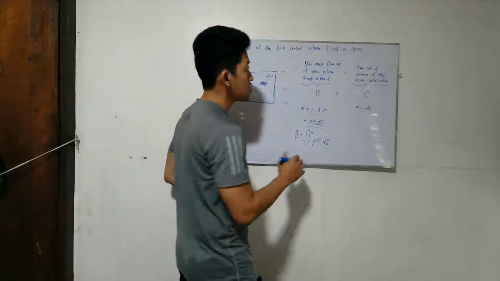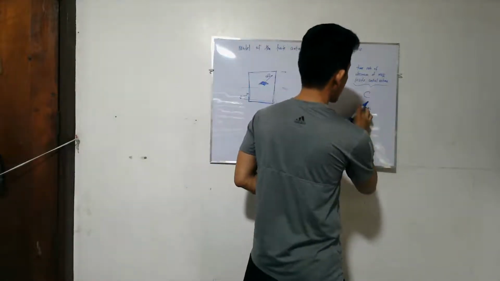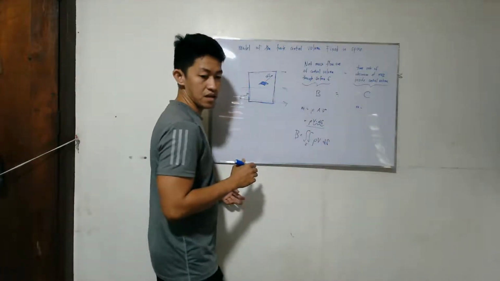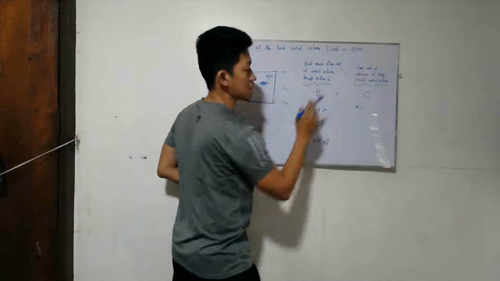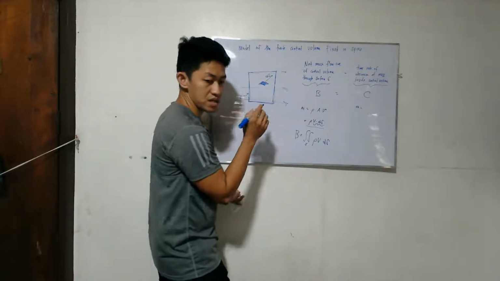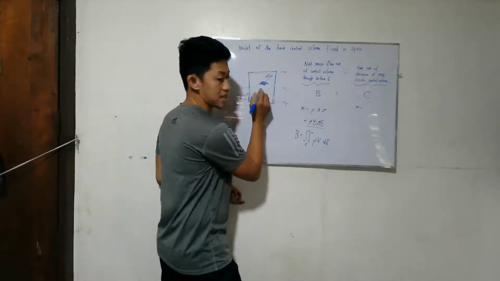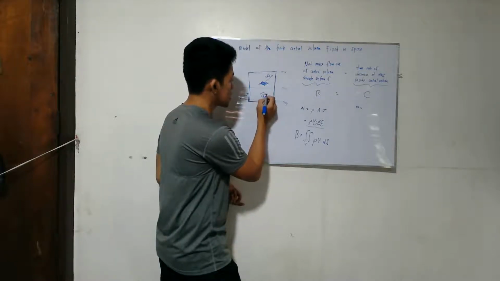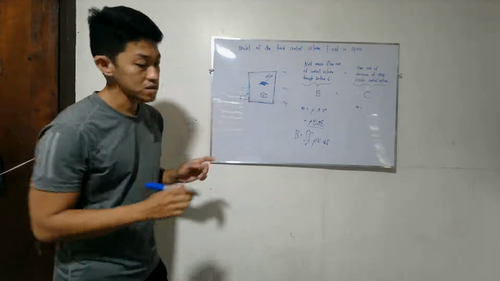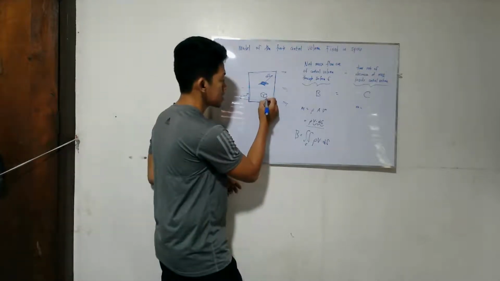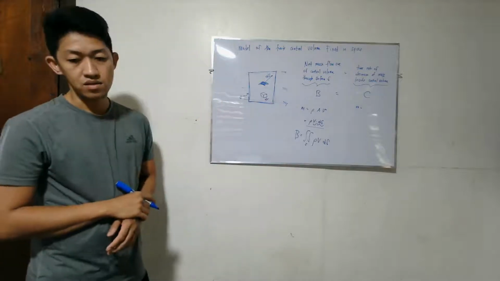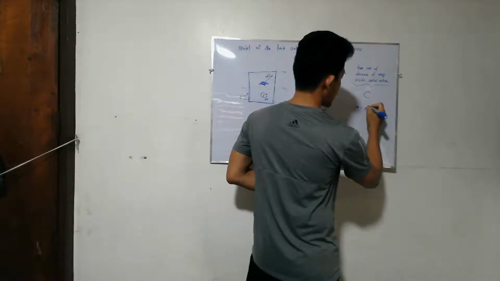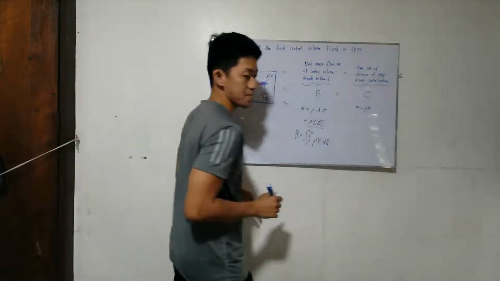Okay, so what is this C? Now, in order to get this C, which is the time rate of decrease of mass inside the control volume, consider a small volume inside the control volume, denoted by dV. So what is its mass? Its mass is just the density times volume.